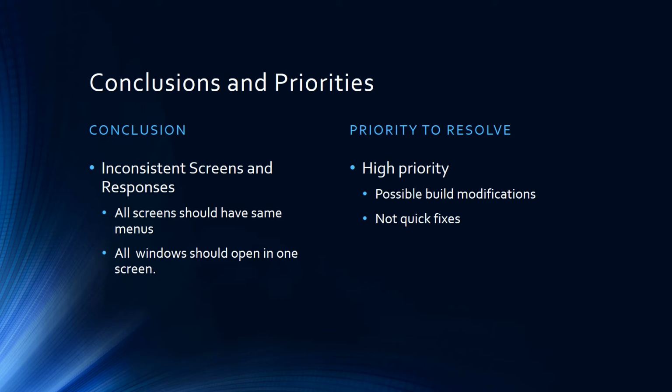Furthermore, screens need to all open in individual windows or all open in the same window to reduce user fatigue in locating exit options or determining appropriate screens for the functions. In the end, the recommendation is that all windows should open up in one screen and not multiple screens.